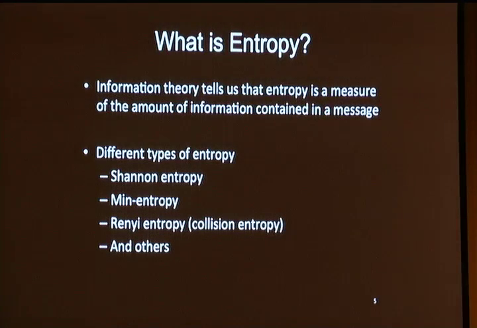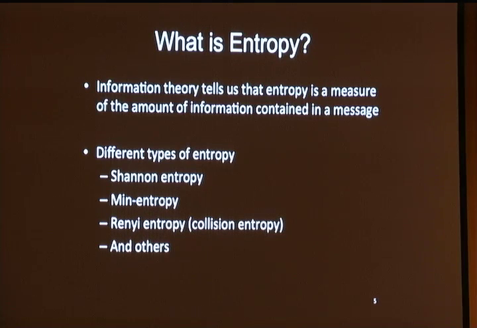Okay, so we say that entropy is important, but what is it? Entropy has different definitions in different fields. It was originally defined in thermodynamics, but now we're considering the information theory definition, of course. This definition tells us that entropy is the amount of information contained in a message.